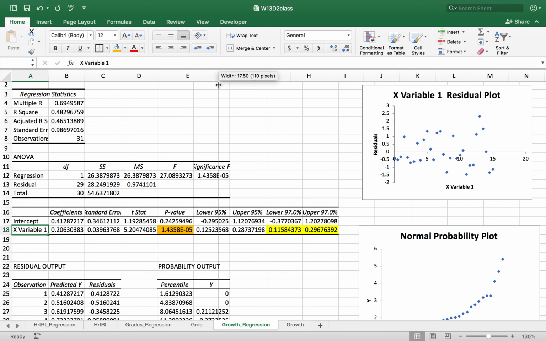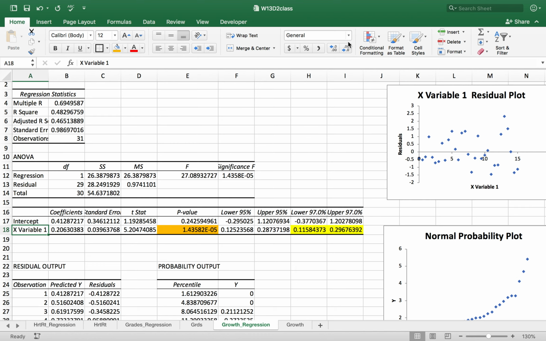When this p-value is below our significance level, and I can change this to a number, so it's something we're a little bit more used to working with, we have a significant correlation. In other words, we're rejecting the null hypothesis that our correlation at the population level is equal to 0.